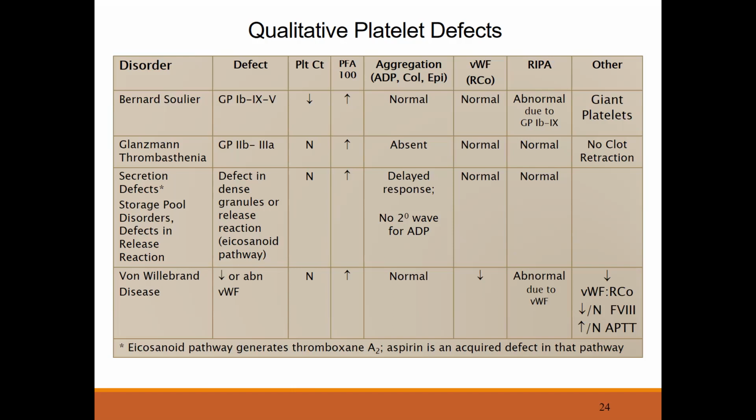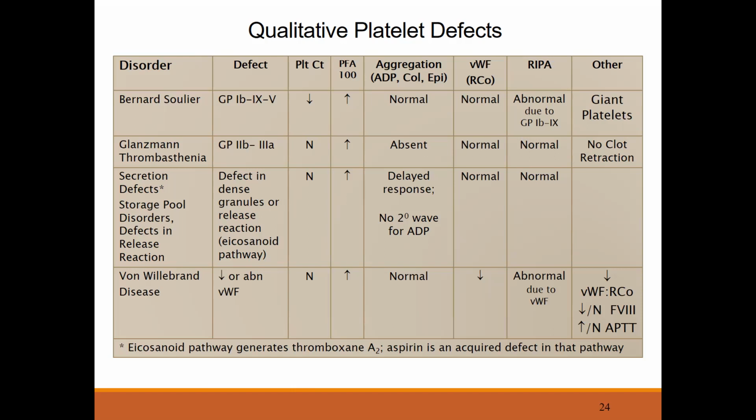So this table helps you differentiate between the two, because Bernard-Soulier and von Willebrand's disease can be very similar to one another, but they have different testing. For example, a ristocetin cofactor assay or von Willebrand factor activity assay would be decreased for von Willebrand's disease as opposed to someone with Bernard-Soulier syndrome.